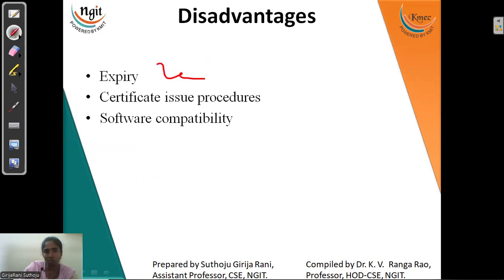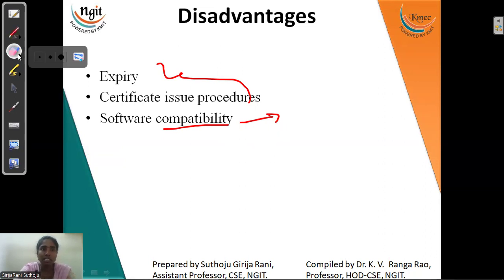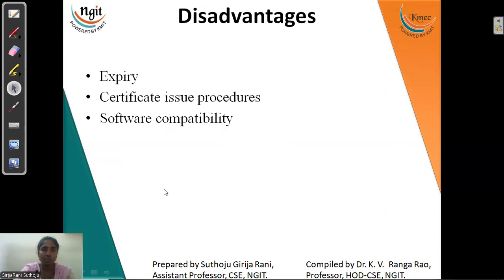These two are almost the same. Now compatibility: these software packages are dependent on the platform, so there we need to configure that software. So platform issues may be generated. Other than this, there are no other disadvantages to be noted.